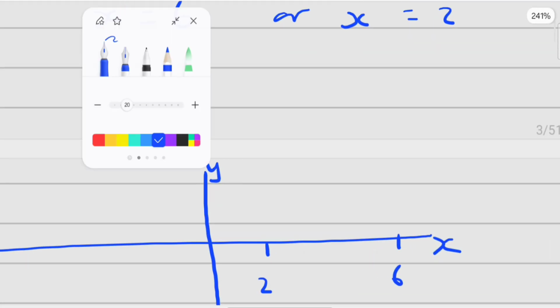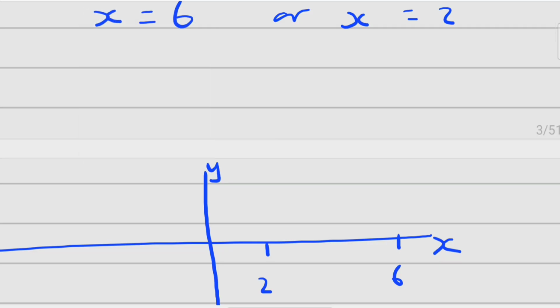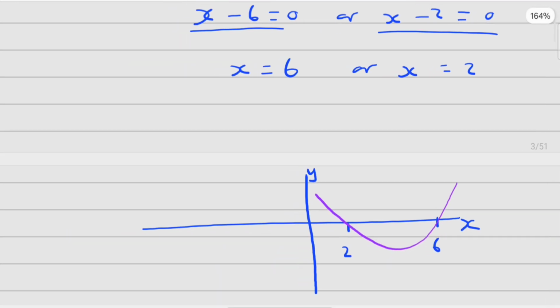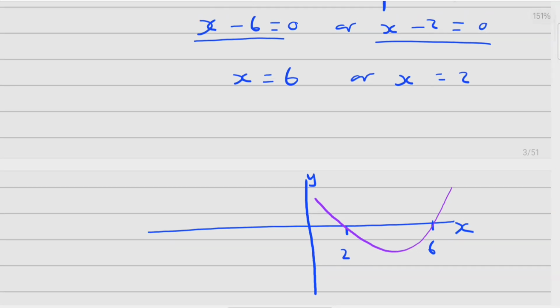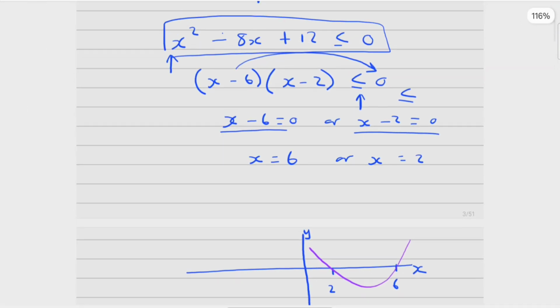So this curve is looking like this. No need to get the turning point this time. So this is what we have. And so from here we look at this sign that we're given right here.